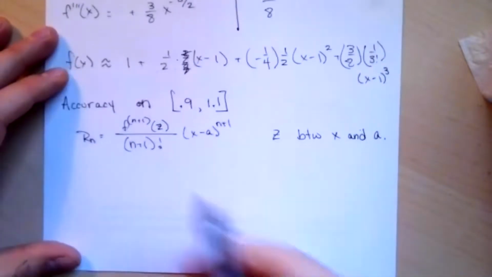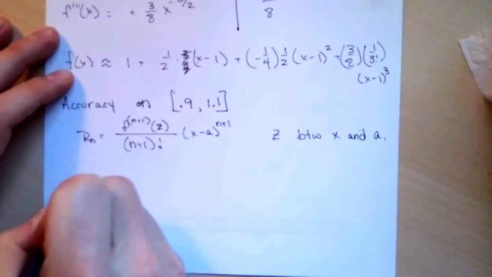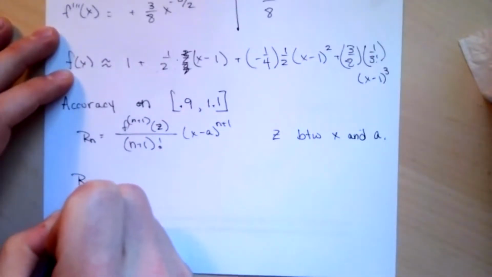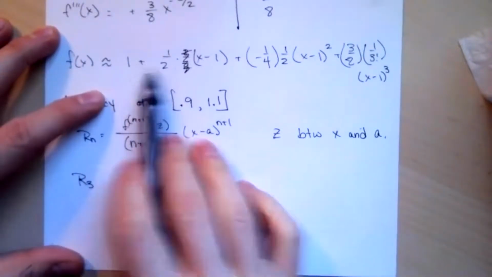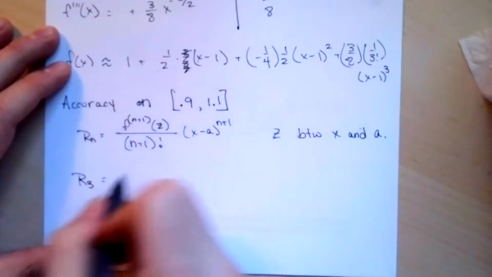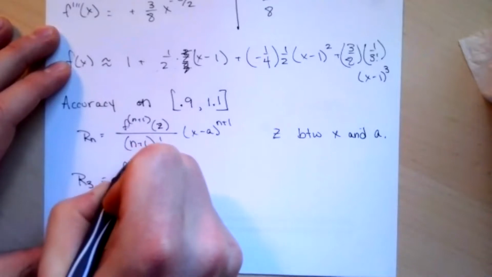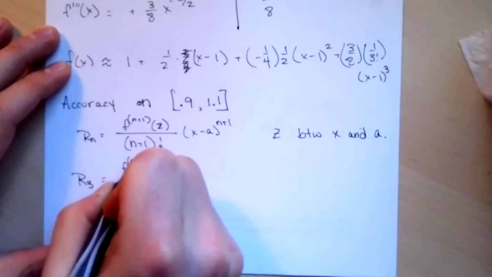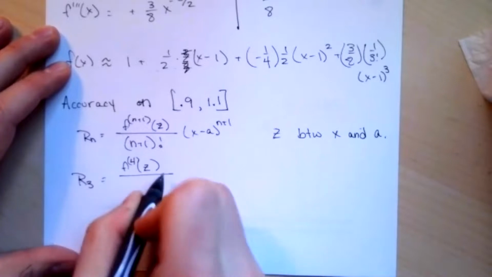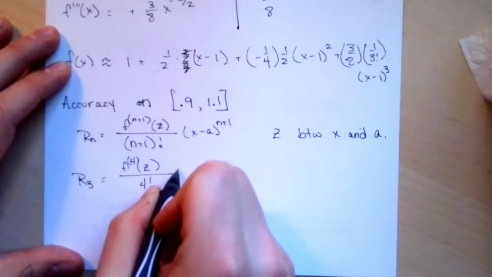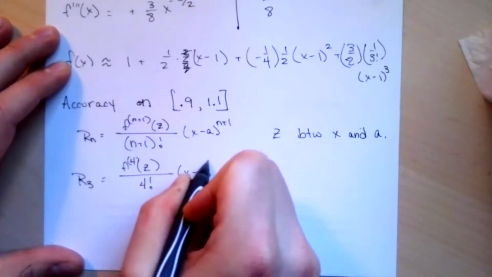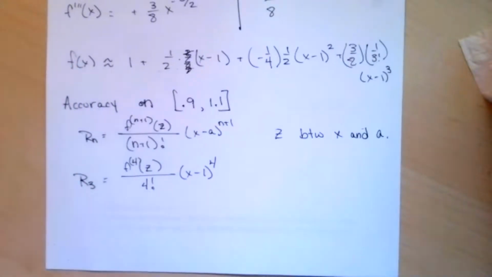So when we work this out, what we're going to be computing now is R3, since the remainder of our degree 3 Taylor polynomial is going to depend on the fourth derivative at some point. And of course, we're just plugging in n equals 3 for the rest.